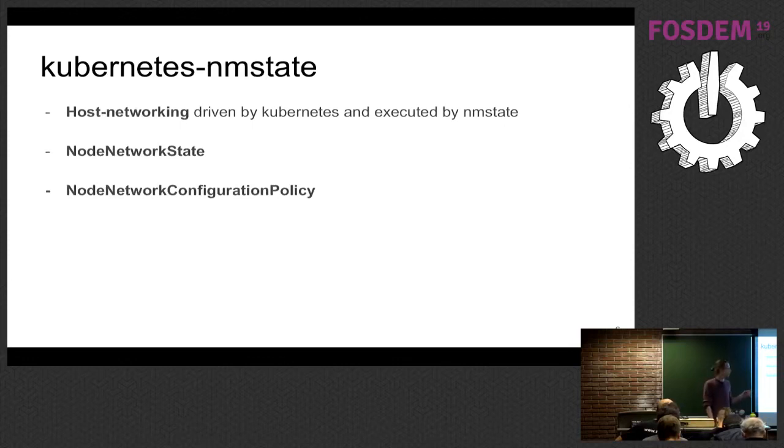And you can also use it to configure networking on that node. However, it would require you to do this configuration per each node, and to make it easier, you can use another object called node network configuration policy. And it gives you an option to say that if this interface or this connection is available on the node, please configure it in this way. And I will get to it later.